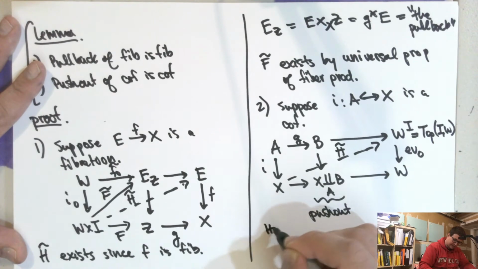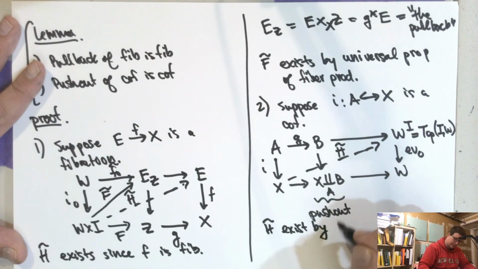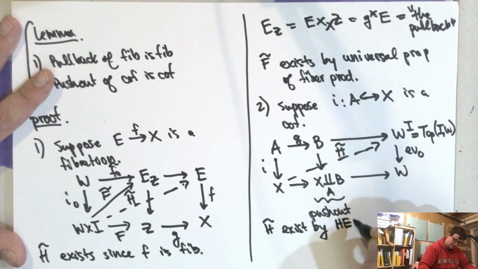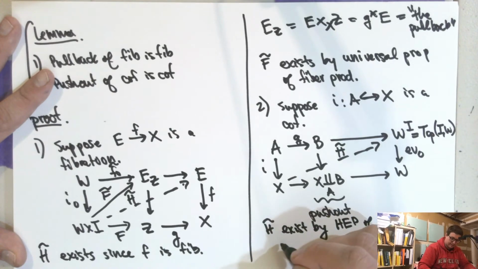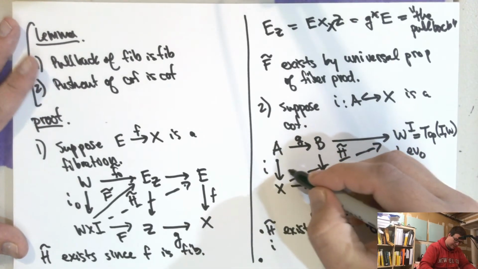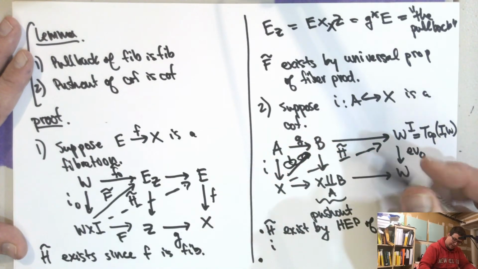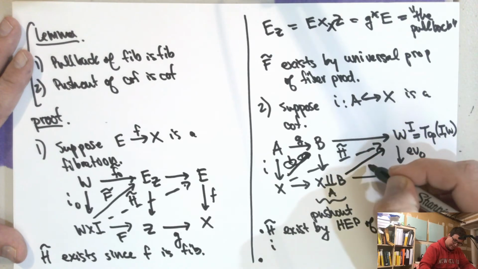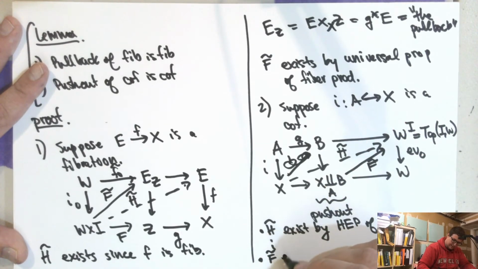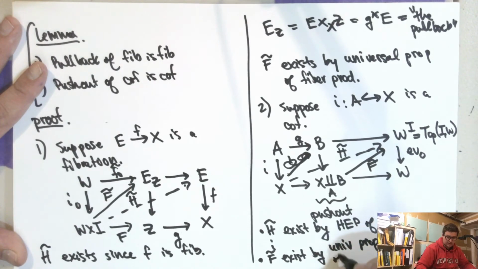So H tilde exists by the homotopy extension property of the map i. Then we get this map here, F tilde, which exists by the universal property of the pushout.